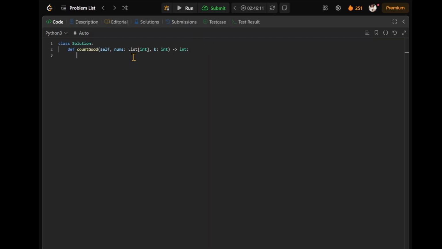Okay, now let's take a look at the code for this. We are first creating a dictionary which maps the value to the count for that value and the number of pairs that this value contributes to this window.